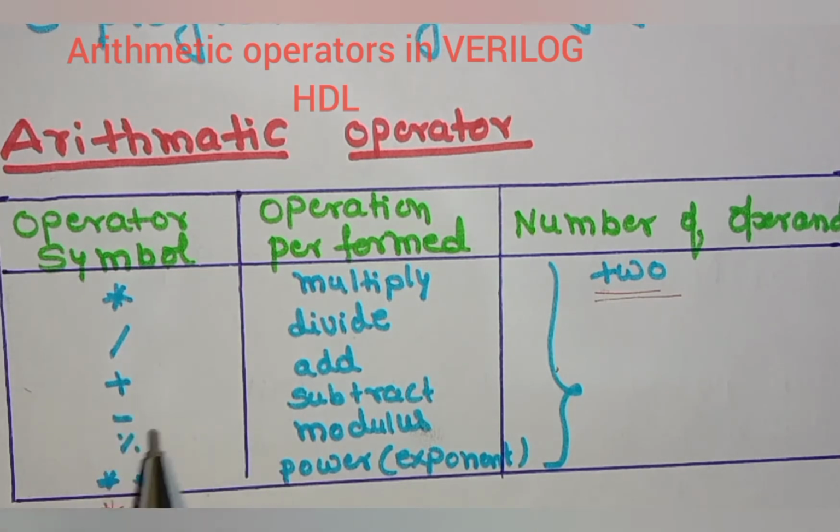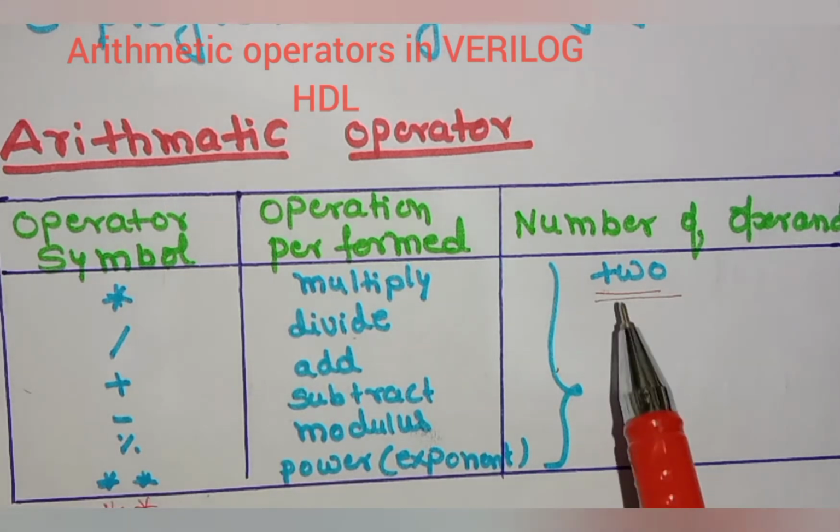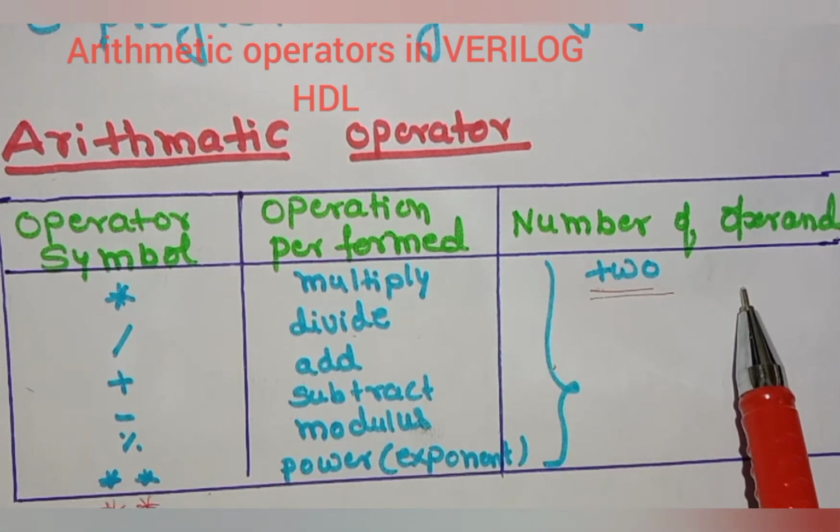Next are the plus sign and minus sign. Plus is used for addition, minus for subtraction. The next is the modulus sign, the percent sign. And the next is the two star signs, used for power, that is the exponent. All these arithmetic operators use two operands.